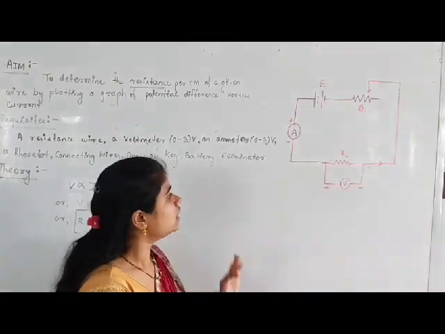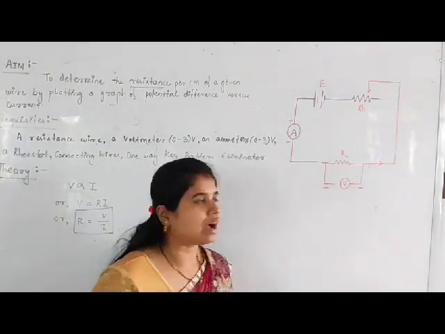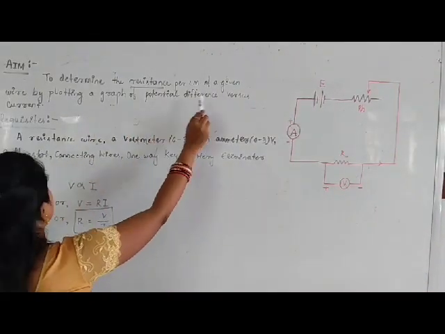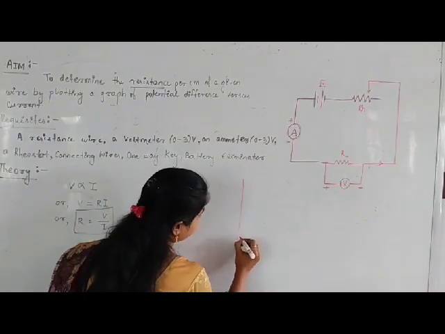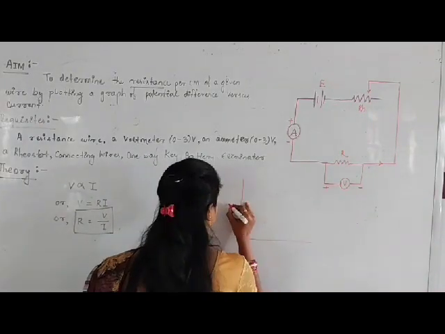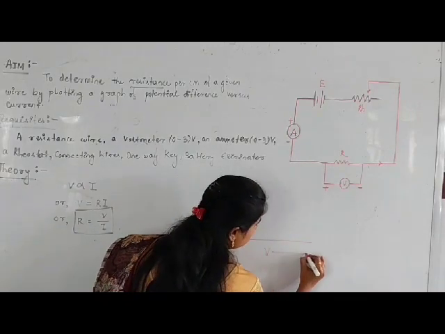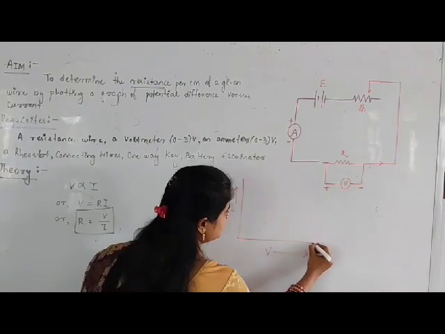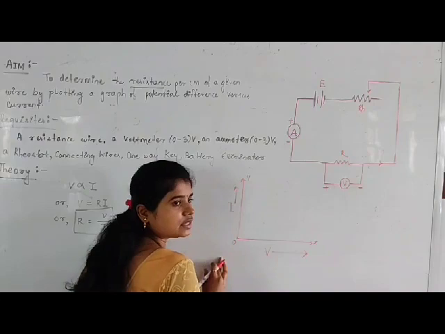Apart from that, after getting all the observations, we will have to plot a graph, because here it is mentioned that we have to plot a graph of potential difference versus current. So we have to take the current observations along the y-axis and the voltage or potential difference observations along the x-axis. This is the x-axis, this is the y-axis, this will be the origin.